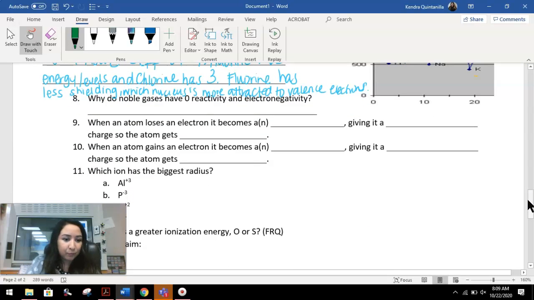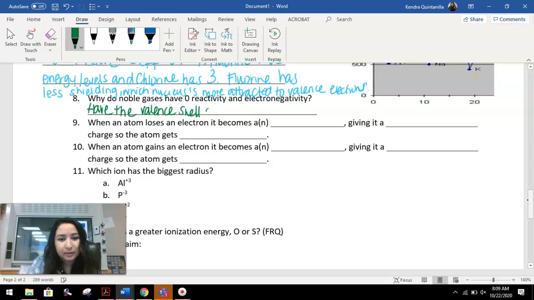Well, because they have their full 8 valence shell, like they have their full shell completed, which means they have their full 8 valence electrons, except for helium. Helium only has 2. And so that means because they're complete, they're happy the way they are, they don't want to react with anything. They're unreactive. They tend to be by themselves because they're happy with themselves.